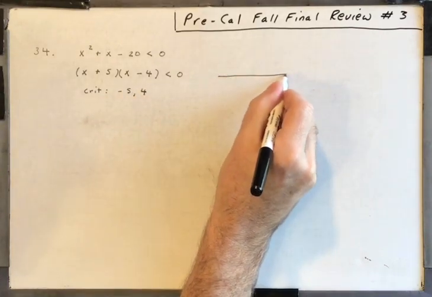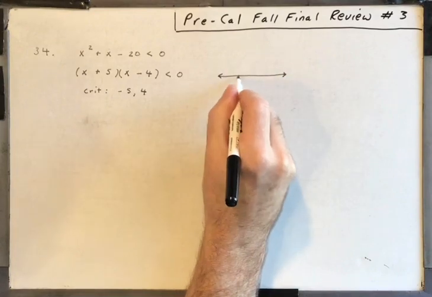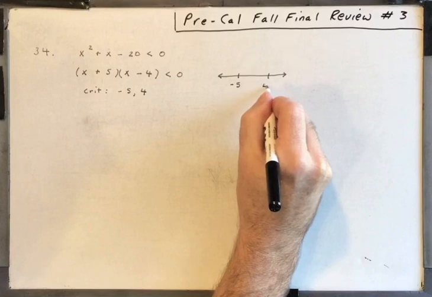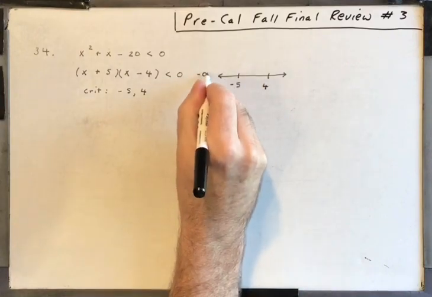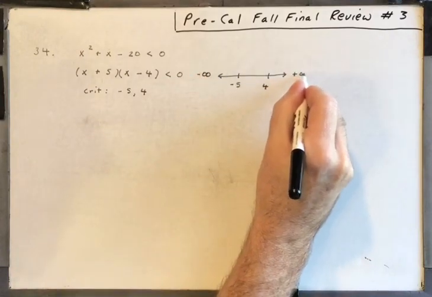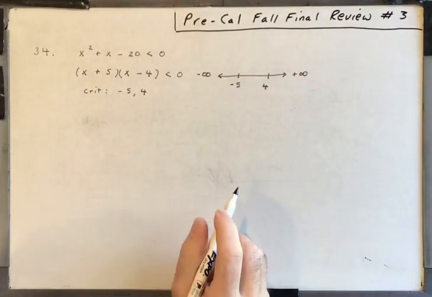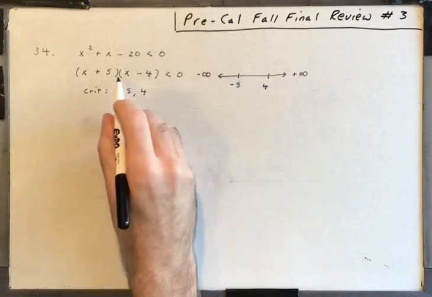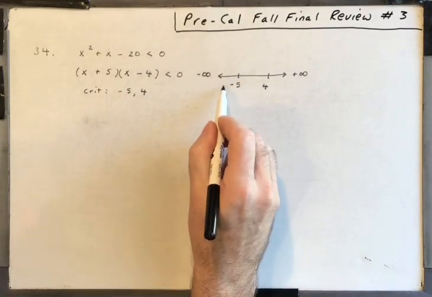So what we want to do is draw a sign line. Put the lower one first, going from negative infinity to positive infinity. All right, and we're just going to plug a number in and see are we positive or negative. So let's plug a number to the left of negative 5. Let's say negative 10.